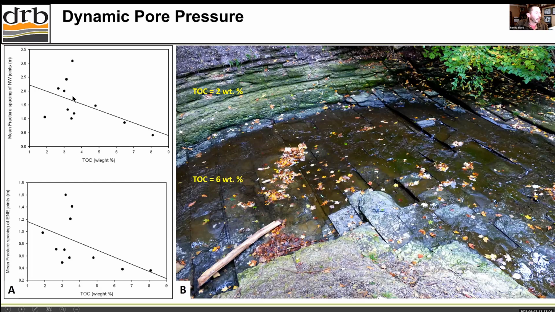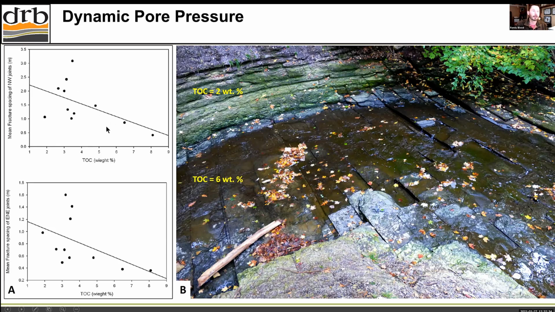Likewise, when we look at fracture spacing in the Rhinestreet, we see there's virtually no relationship between organic carbon content and fracture spacing until we hit about 3 weight % TOC. And then we see that the fractures get more narrowly spaced and more abundant as TOC increases. Again, what this is likely showing is fractures that are forming in more organic-rich beds and coming up through higher, less organic-rich units.